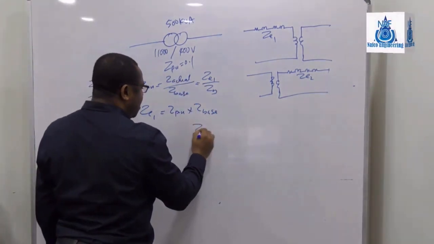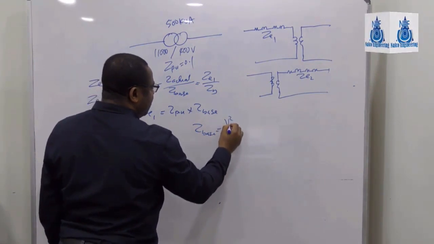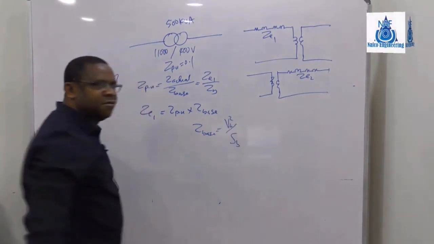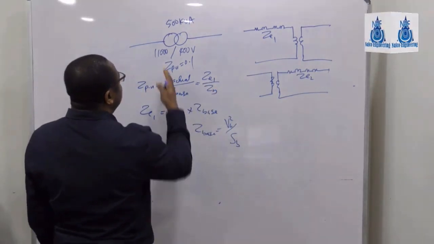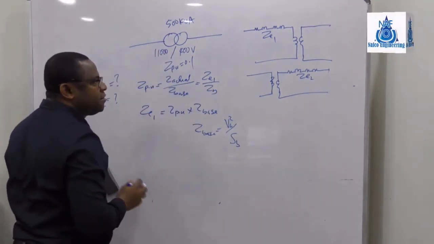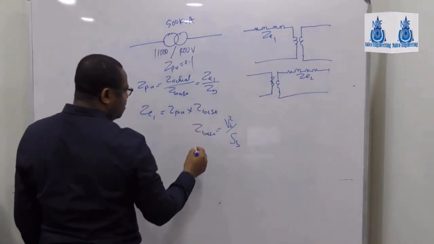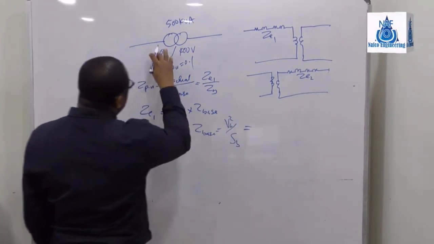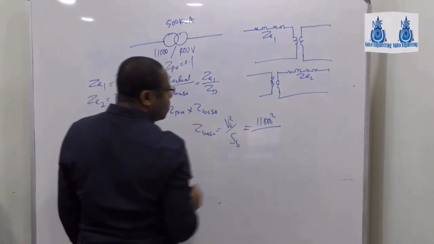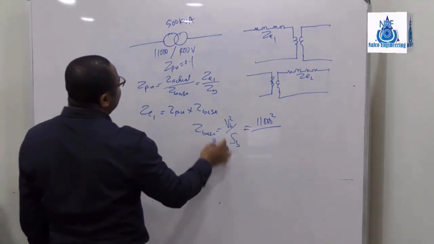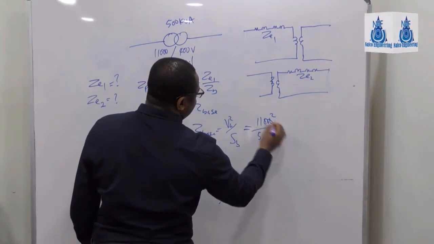What is Z base? Z base from Ohm's law is V squared over S, so V base squared over S base. And I'm looking at Z equivalent 1, which is here on the primary. So on the primary side, what is V base? V base is what is here, 11,000. The apparent power is 500,000.